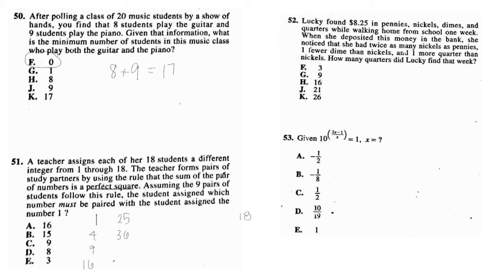What would 18 have to be paired with? Goodness. 18 students, 1 through 18. So 18, 17, 16, 15, 9, 8, 3. Let's see. Gosh, I would look at our answer choices, I suppose.